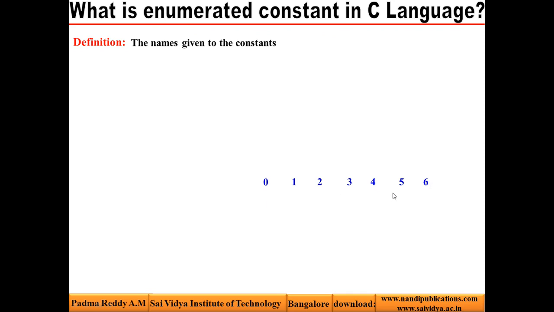Let us give some names to these constants. Let me give MON as the name for 0, TUE as the name for 1, WED as the name for 2, and so on. So this represents Monday, Tuesday, Wednesday, Thursday, Friday, Saturday, and Sunday.